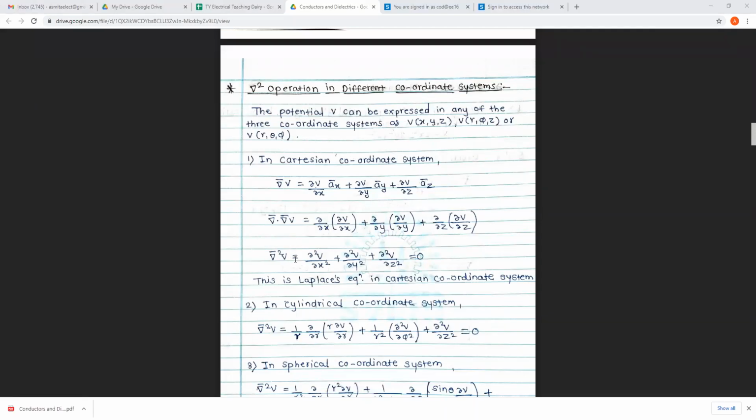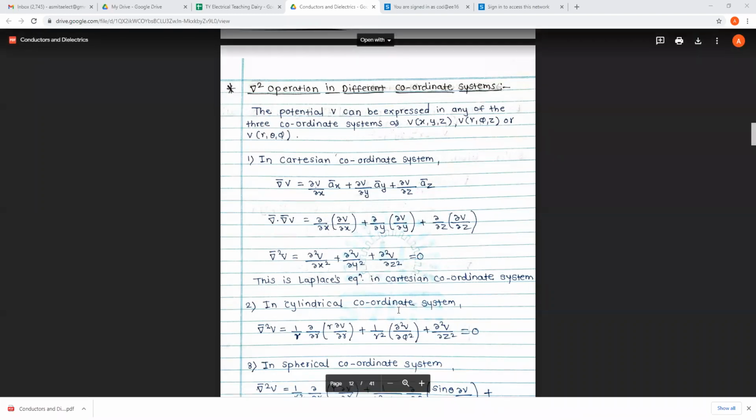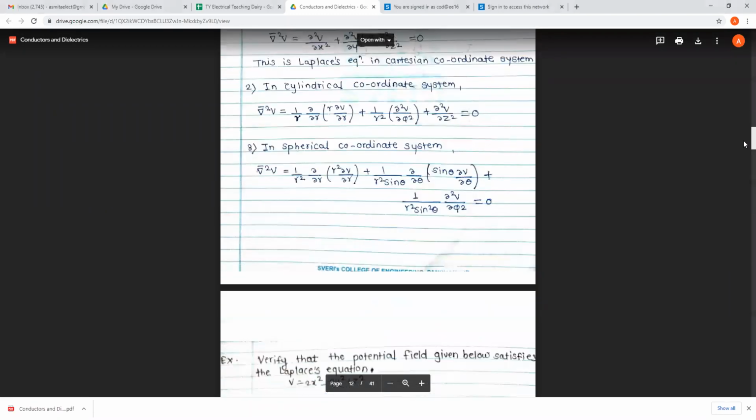So del square V is given as del square V upon del x square, or del 2V upon del y square, plus del 2V upon del z square. So these are the Laplace's equations in the Cartesian coordinate system. Similarly, you can write the equations in cylindrical and spherical coordinate systems.